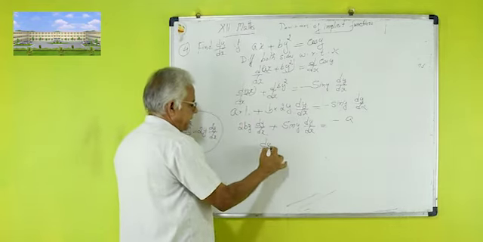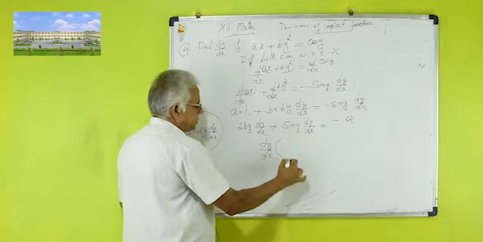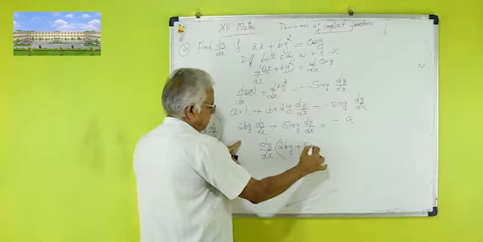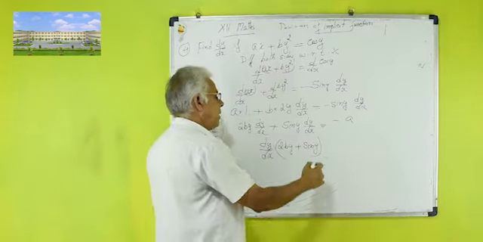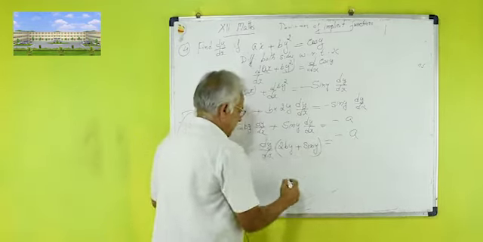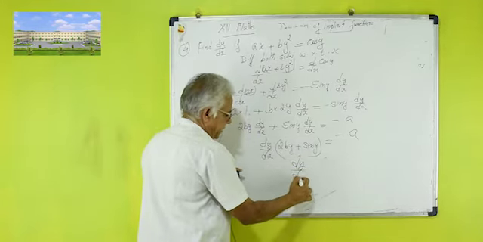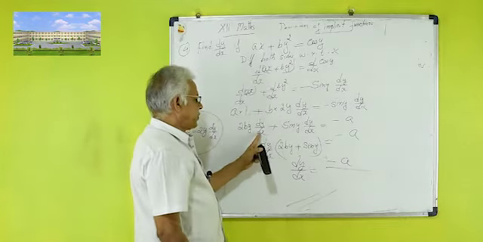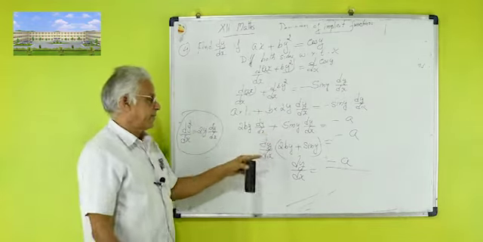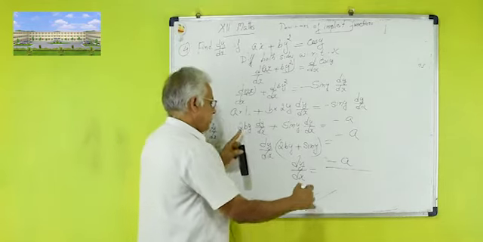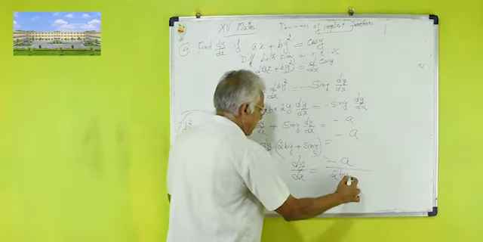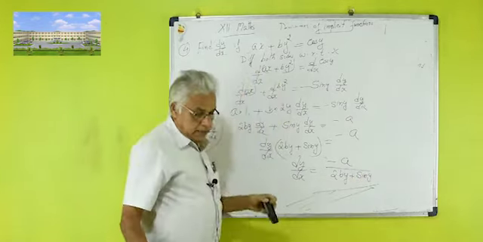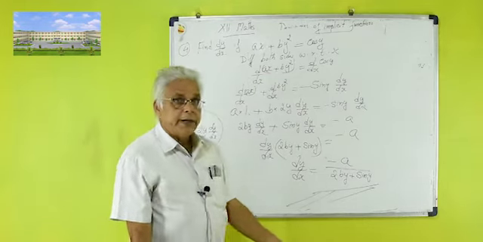Dy by dx times (2by plus sin y), taking the common factor out, is equal to minus a. Last step: dy by dx is equal to the right hand side, minus a, divided by the coefficient of dy by dx. What is the coefficient? 2by plus sin y. This is the dy by dx.